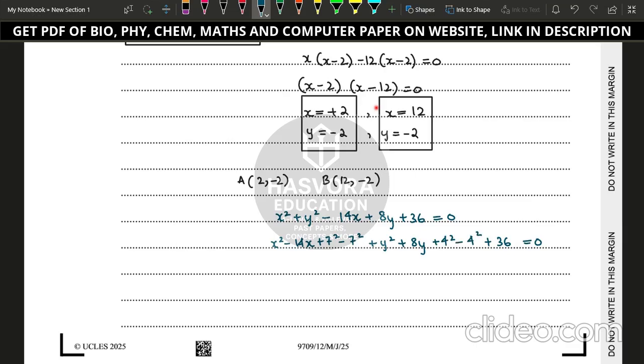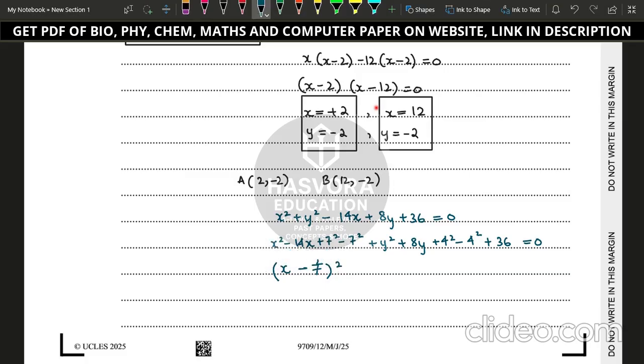If I complete the square, the x is shifted, the sign will be of the second term, so this becomes x minus 7 whole square. Okay, so this is how we complete the square.